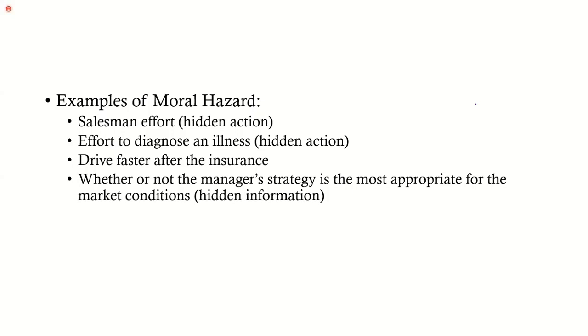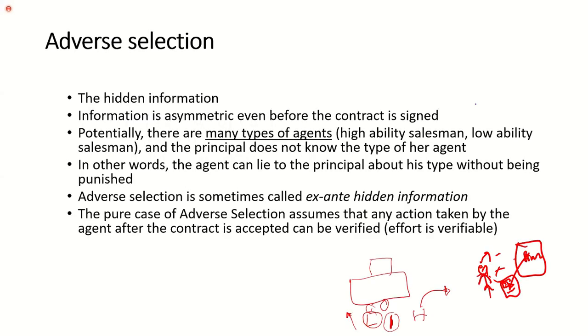And once you have the insurance, you might drive fast, drive recklessly, or park it in an unsafe area. If that happens, that's going to be a cost to the firm, right? If everybody does the same, that's going to be a cost for the firm. So that's moral hazard, where hidden action plays out after you enter into the contract.